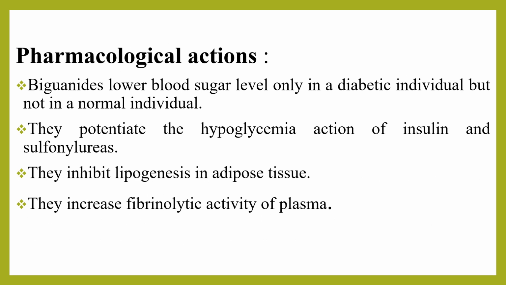The pharmacological actions of biguanides are that they lower the blood sugar level only in a diabetic individual but not in a normal individual. They potentiate the hypoglycemic action of insulin and sulfonylureas. They inhibit lipogenesis in adipose tissues and also increase fibrinolytic activity of plasma.